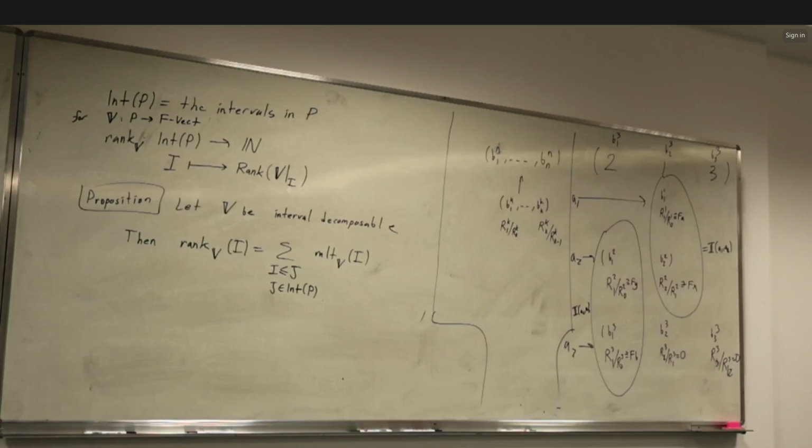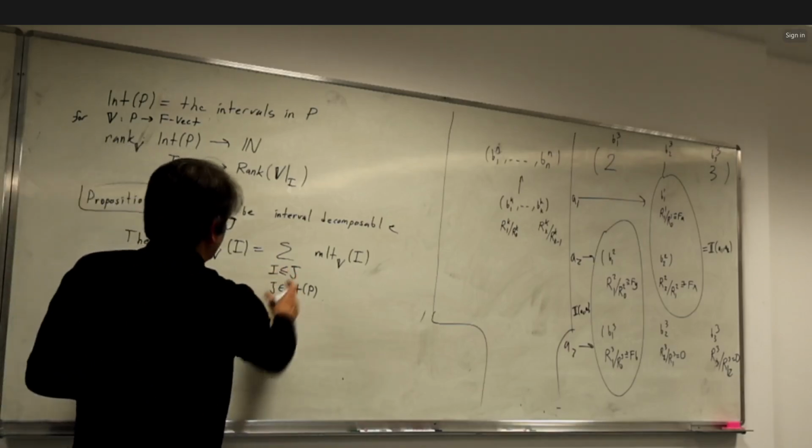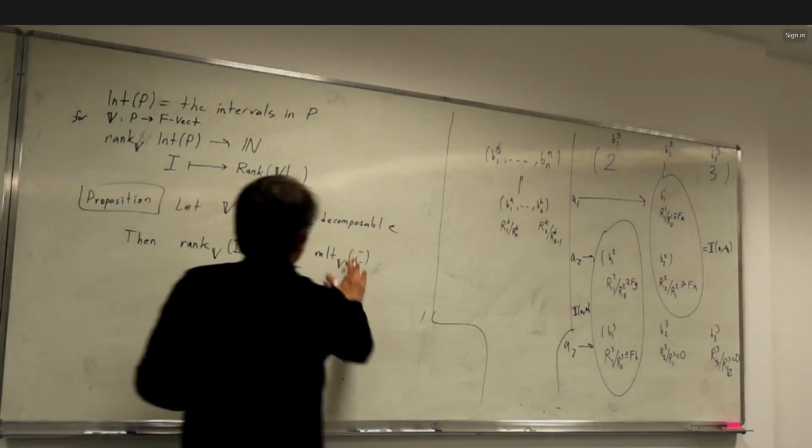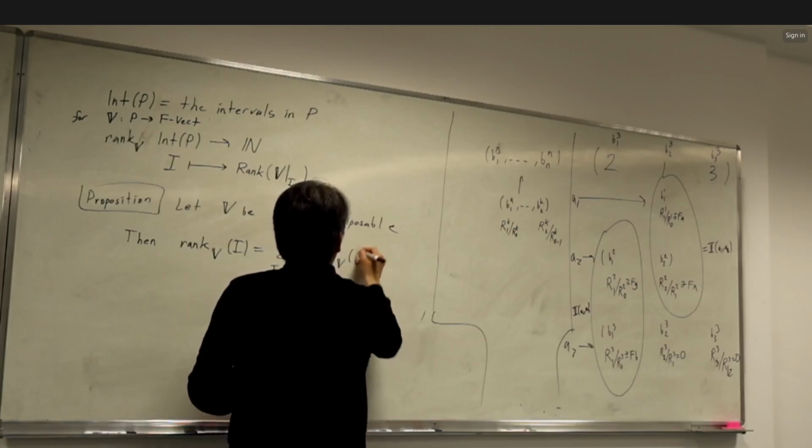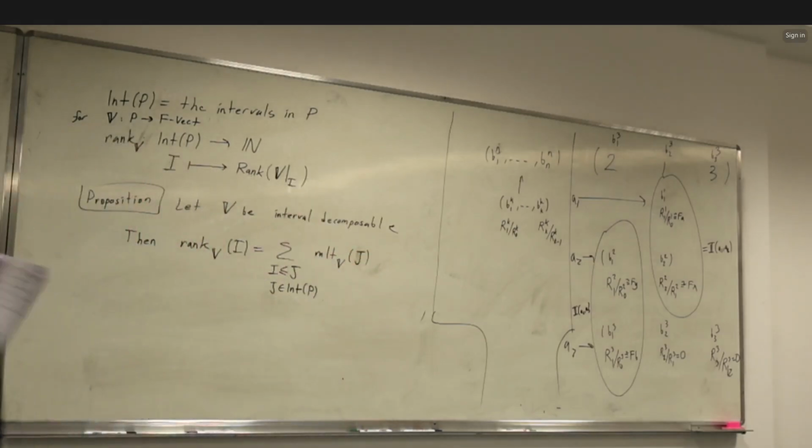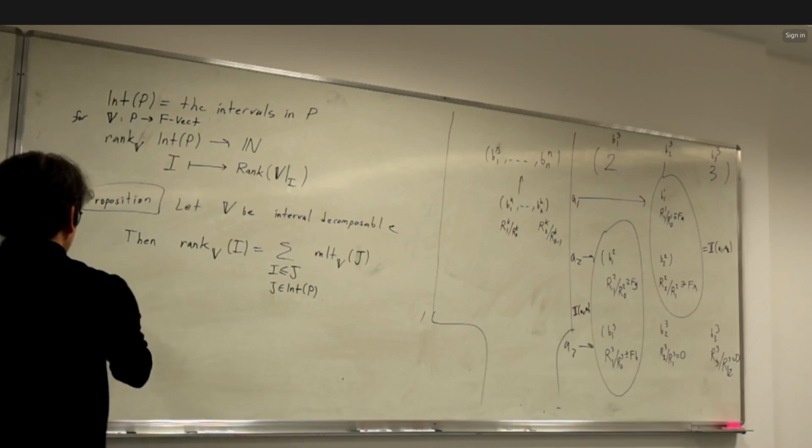Oh, sorry? I less than or equal to J. Oh, yes, thank you. In J, thank you. Yes, well, still J. That's right. So what's the proof?